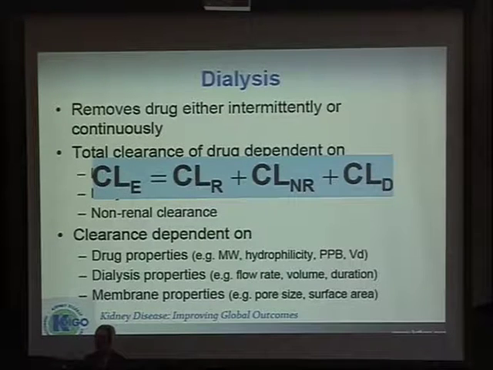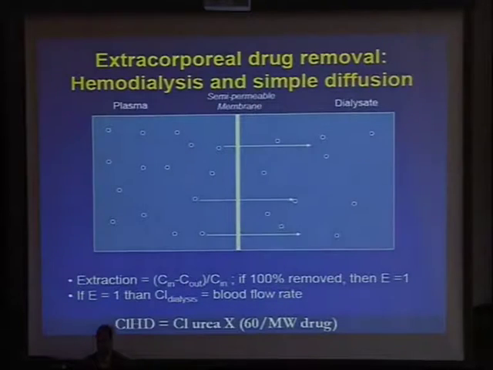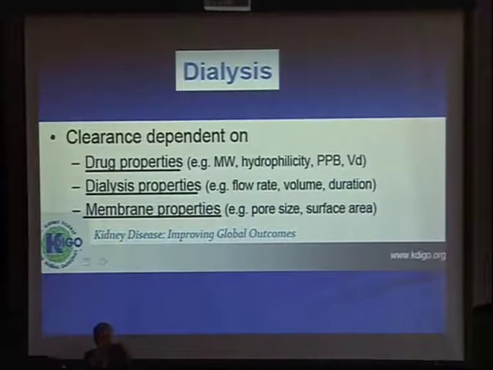So starting first with the drug properties, we know that in hemodialysis, solute removal occurs by diffusion through a semi-permeable membrane. And the smaller the molecular weight, the more easily the drug is going to diffuse across the semi-permeable membrane. Okay? What about other properties like the protein binding and hydrophilicity?